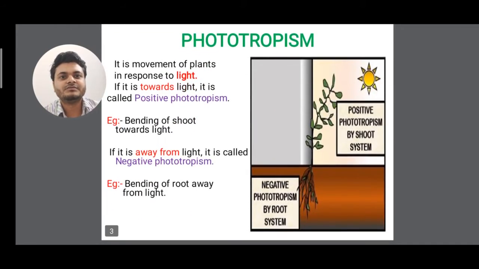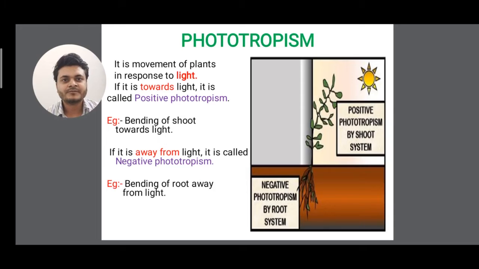Now phototrophism, the word photo means light, isn't it? Clear? So it is a movement of plant in response to light. If it is towards the light, it is called positive phototrophism. So you can see one plant is there. In the picture you can see sunlight is there. If the plant is moving towards the sunlight, positive trophism by shoot, it is seen by the shoot system.